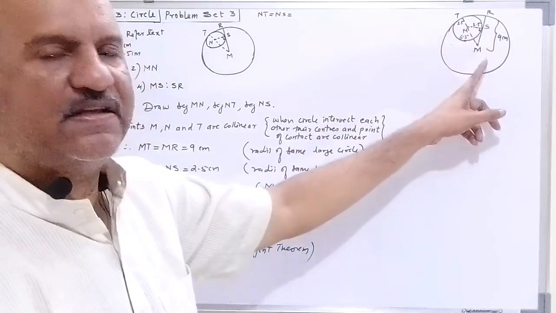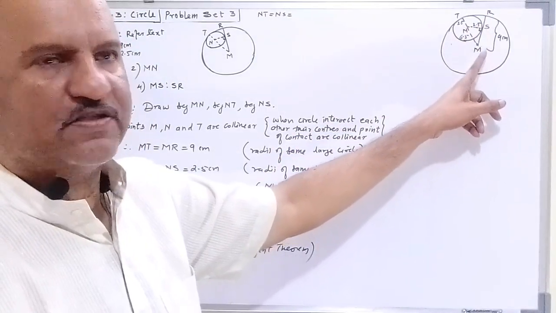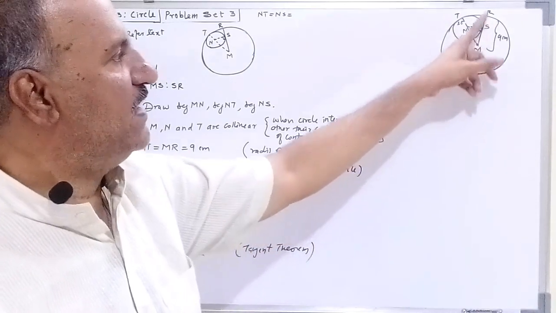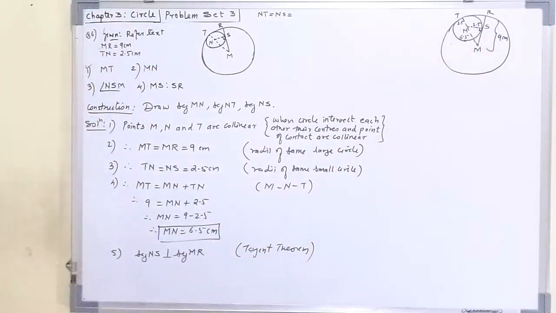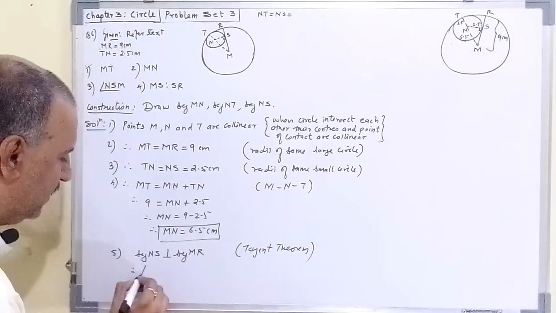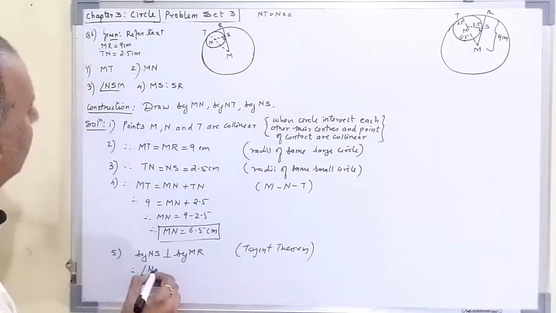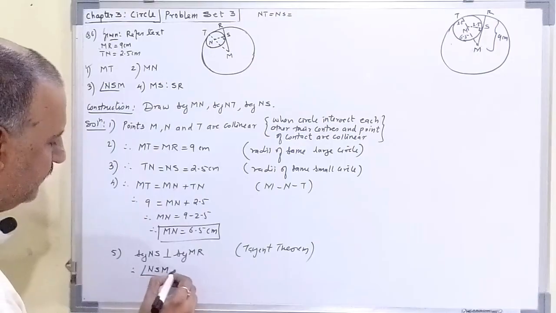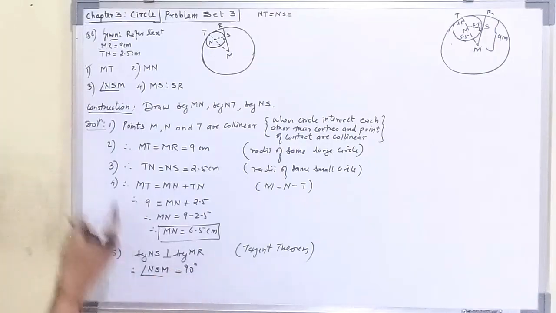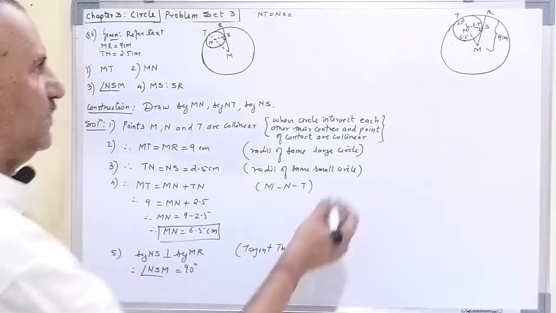NS is a radius, MR is a tangent to the smaller circle. So NS is perpendicular to the tangent, radius theorem. Therefore, angle NSM is 90 degrees हो गया.